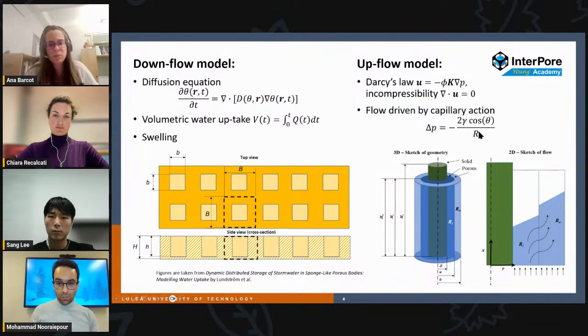As I have mentioned previously, we considered that the upflow model consists of porous rods made of natural fibers or hydrogel fibers. Here, as we change the radius of our rods, we obtained, of course, different water uptake. We also changed the permeability, depending on the material we use, and also the porosity, and we obtain different solutions.